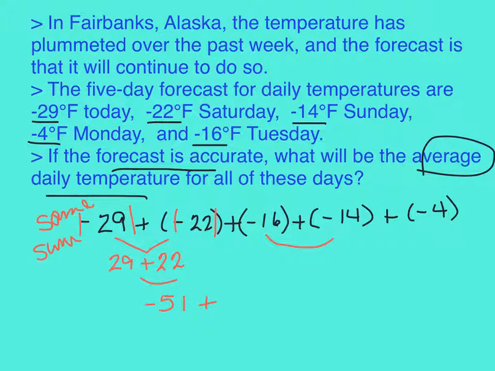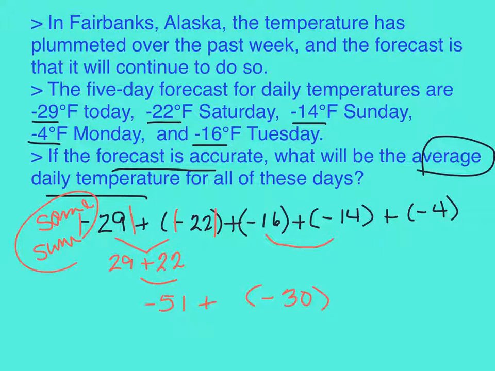So I like the 16 and the 14 being next to each other. Again, we put them in that order because it went from least to greatest. But 16 and 14, those are nice, neat numbers to add together. I know that 6 and 4 equals 10. And then I've got another 10 from the 16, which is 20, and one more 10 from the 14. So that's negative 30. Oh, I didn't even talk about how I'm finding the sum.